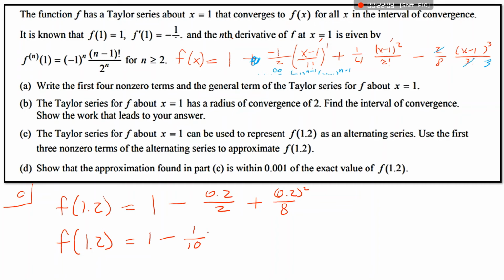We won't have a calculator for this section, unfortunately. That is 1 over 10, that's 2/10. Oh, 0.1. Yeah, that's fine, either way. And so 0.04 divided by 8. Okay, I still need to work with that though.